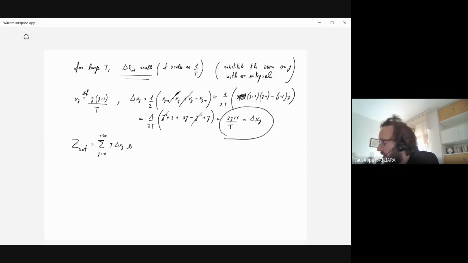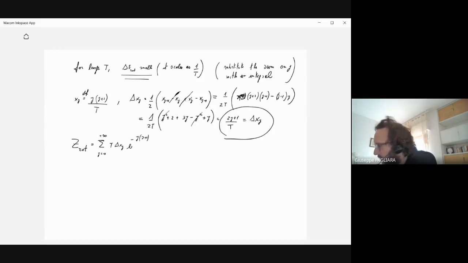And here in the exponential, I had a minus t rot divided by t times j(j plus 1).